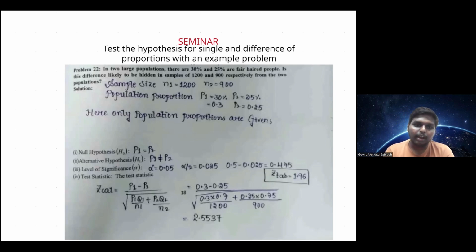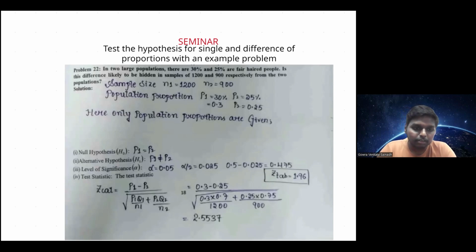So for null hypothesis, P1 is equal to P2 and alternate hypothesis P1 not equal to P2, and for level of significance, by calculation we get the tabulated value as 1.96. When we test using the formula, here we discuss two variations in formulas. We take the first one, by which we know the values of the two proportions, that is, we know P1 and P2 values.